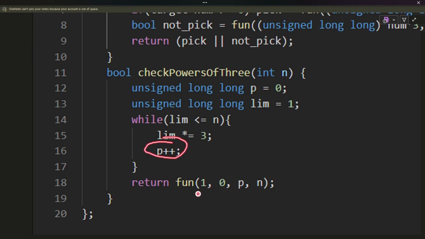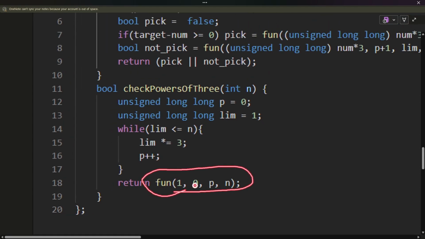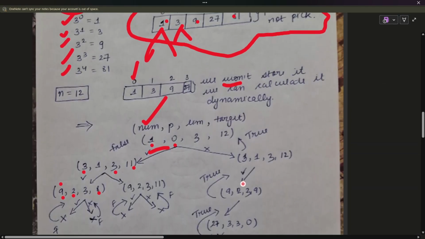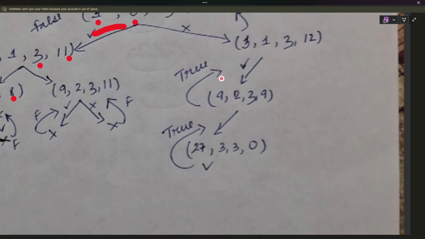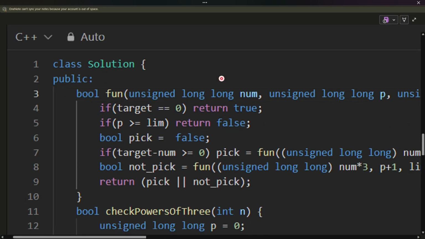As you can see, I've written the same function as in the dry run, like we have 10 as the power limit, and this is our target.